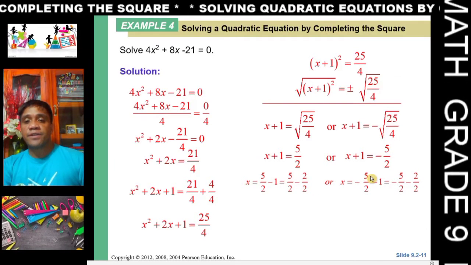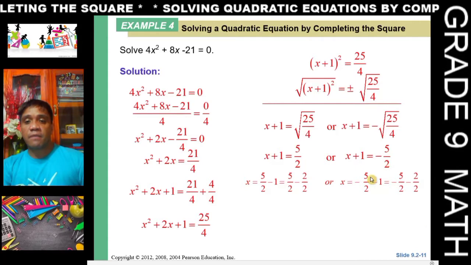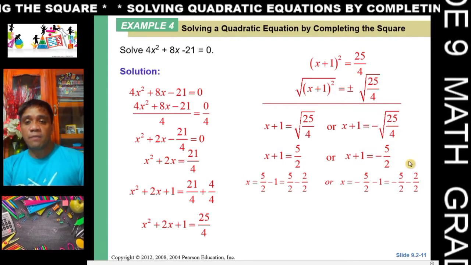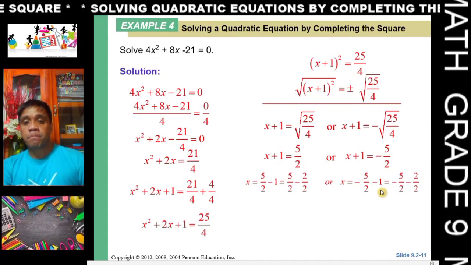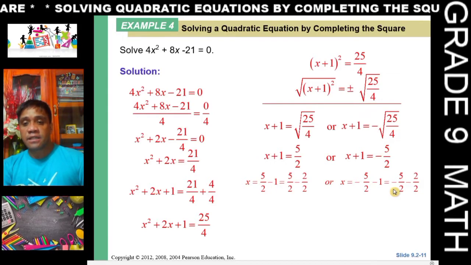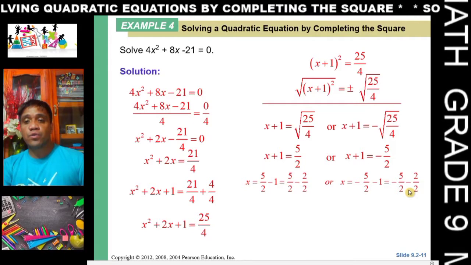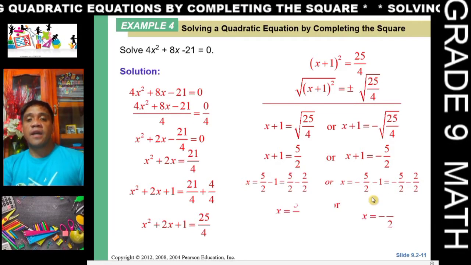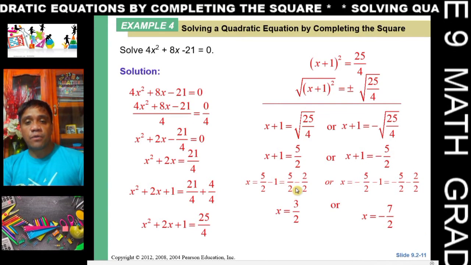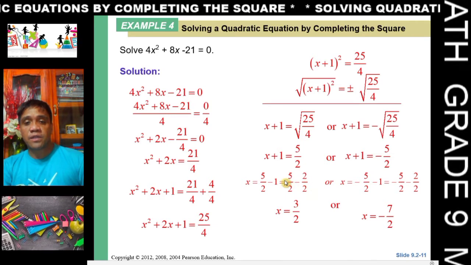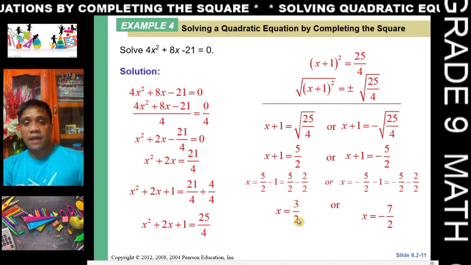And then on the other side, still the same, copy the negative 5 over 2, then transpose the positive 1, so we have here minus 1. The LCD is still 2, so negative 5 over 2 minus 2 over 2. And then 5 over 2 minus 2 over 2 is 5 minus 2 is 3. Then copy the 2.